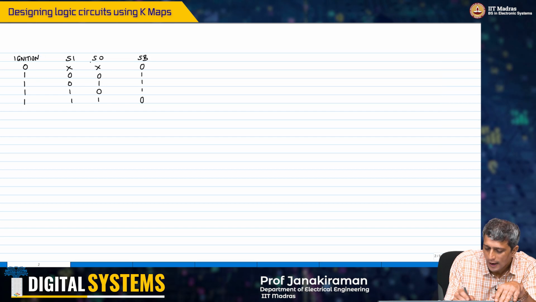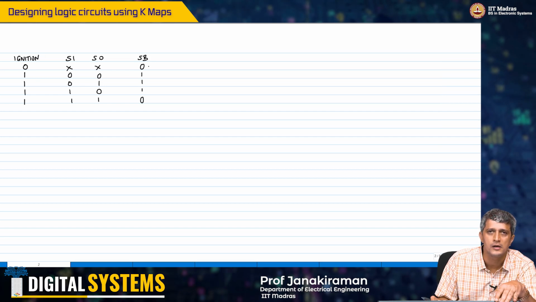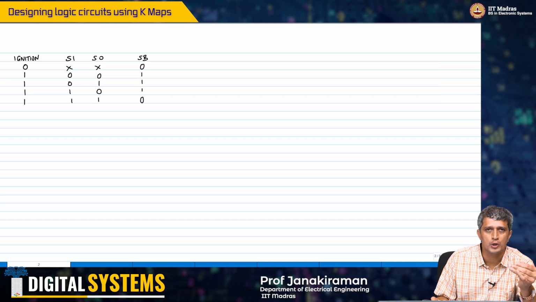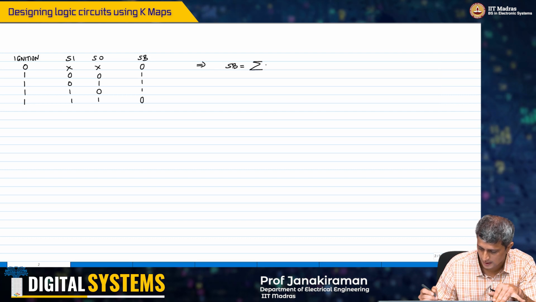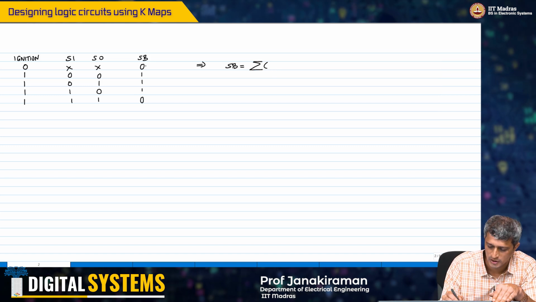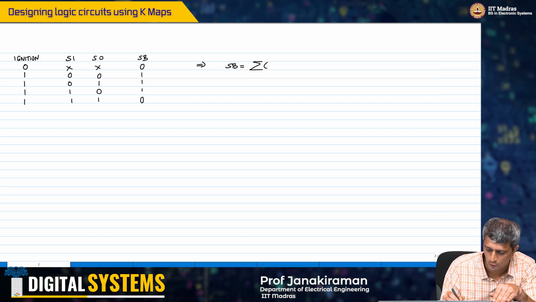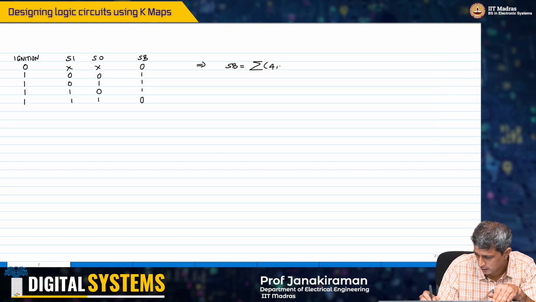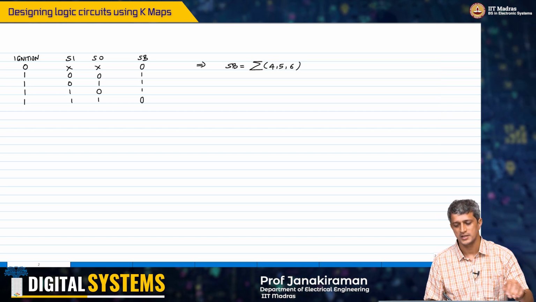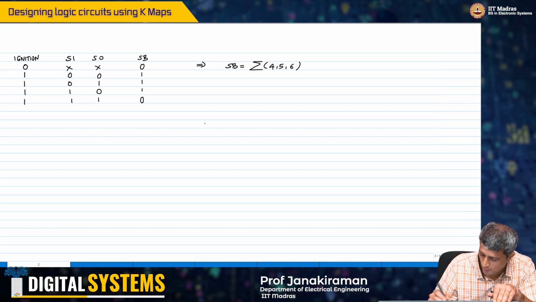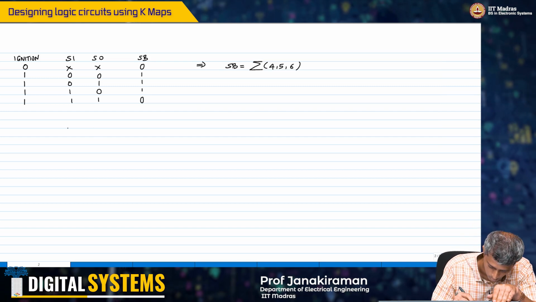And therefore, I have to look at this as an 8 variable truth table, right? That means now my SB can be written as summation of, so this is 0 to 3, output is 0, this is 4, 5 and 6. This is effectively what we have. So now what we can do is go ahead and build our truth table if we want.